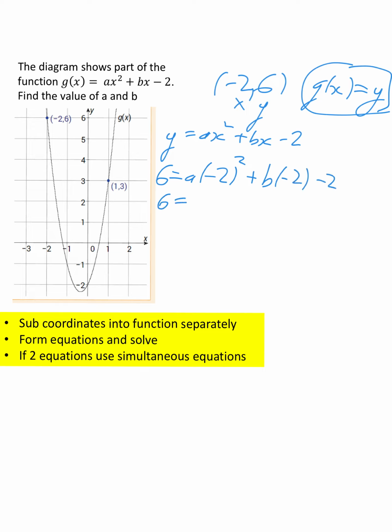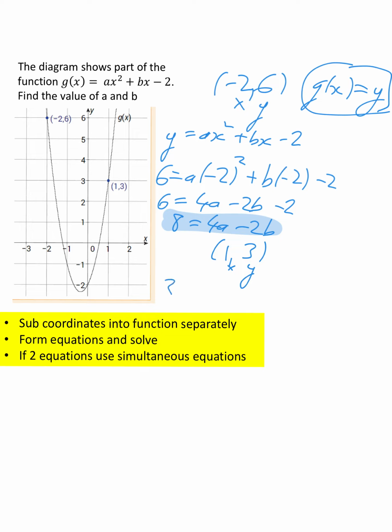So 6 is equal to, -2 squared is 4, so 4a minus 2b minus 2. Let's bring the -2 to the other side. That'll be plus 2, so 6 plus 2 is 8. So 8 is equal to 4a minus 2b. So that is our first equation. Now, let's do the same with (1, 3), x and y.